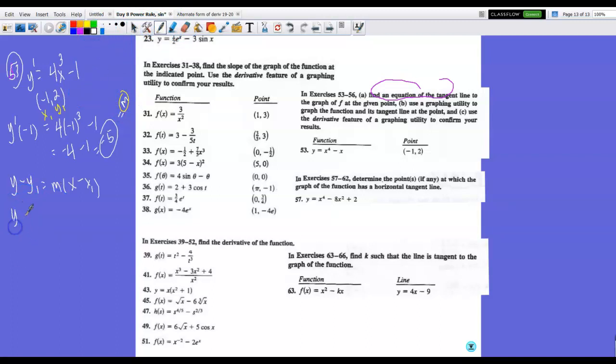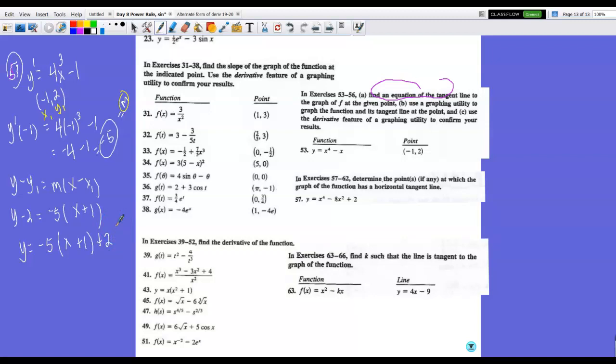So y minus 2 is equal to slope, negative 5, times x minus negative 1, which is x plus 1. And the only other thing you have to do is add the 2 to the other side. So negative 5 times x plus 1, plus 2, by adding the 2 to the right-hand side.